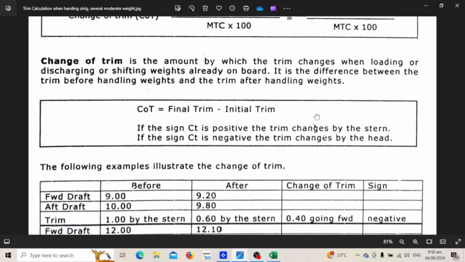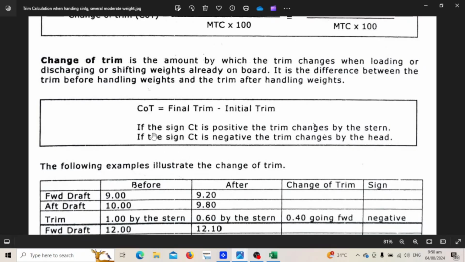And if the change of trim is positive, the trim changes by the stern. When you are trimmed by the stern, change of trim should always be positive. Remember this one, guys.